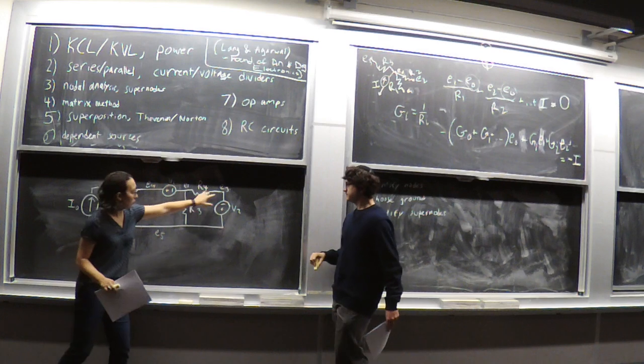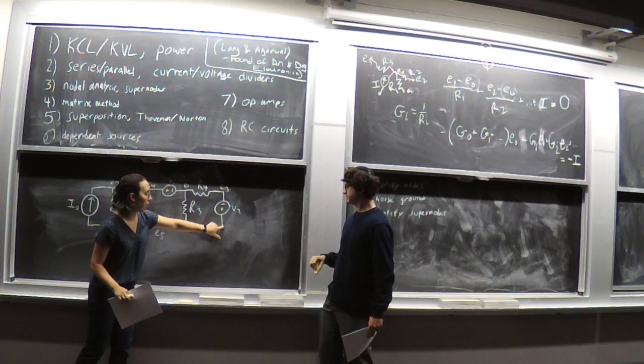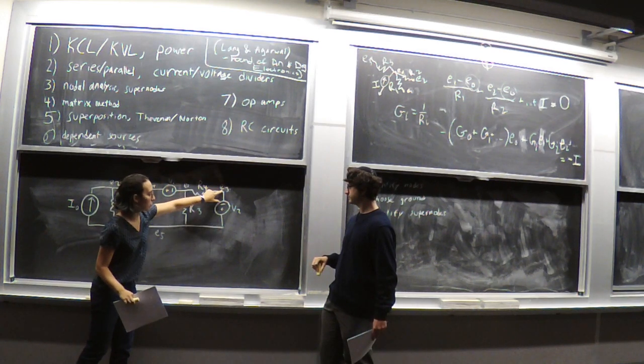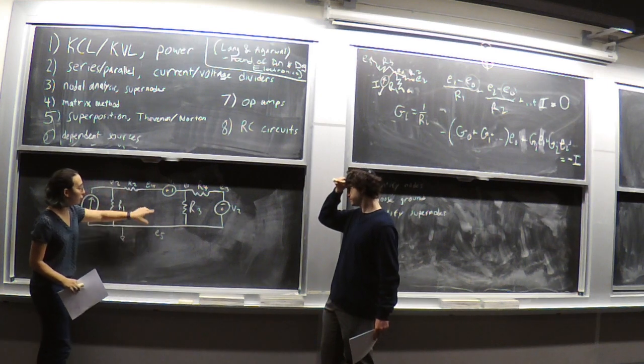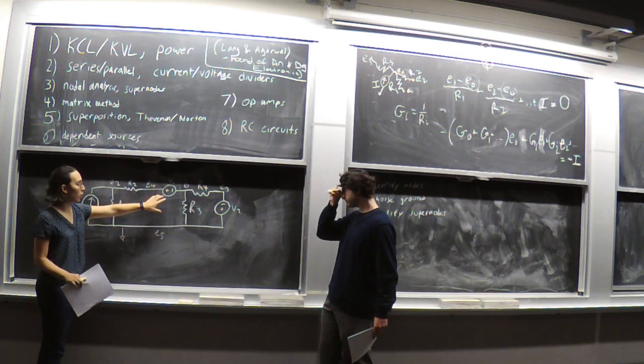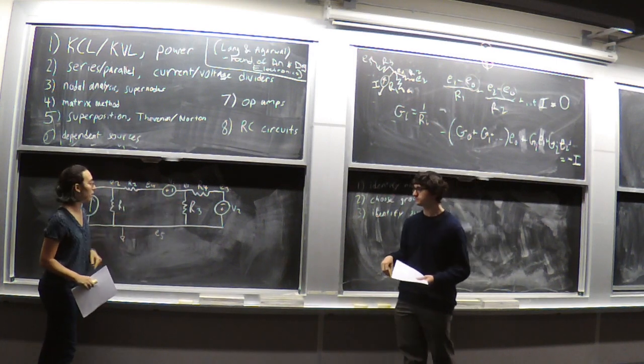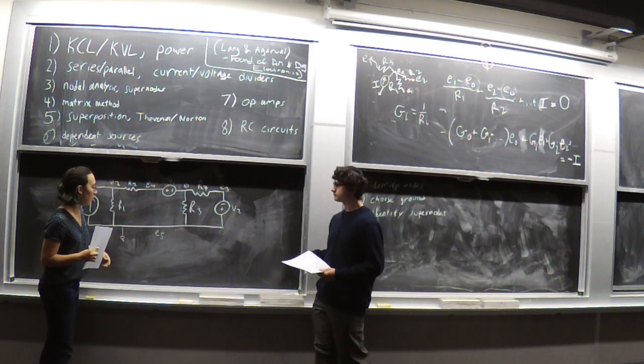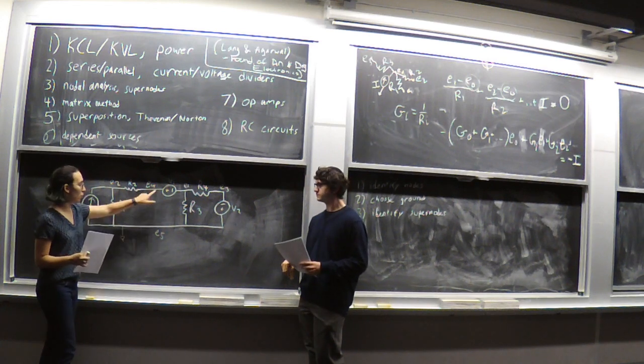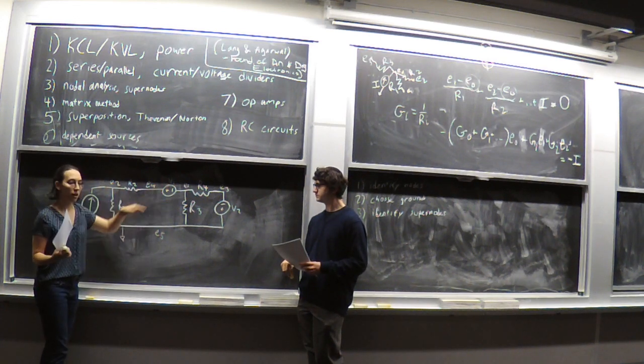We know the voltage at this point, because this is ground, and we would have minus V2 to get to E3. With a floating voltage source, we only know the relationship between the voltages on either side of the voltage source, but we can't say what the node voltage here is.